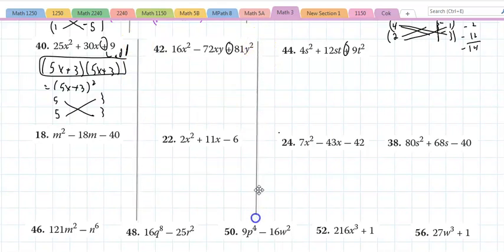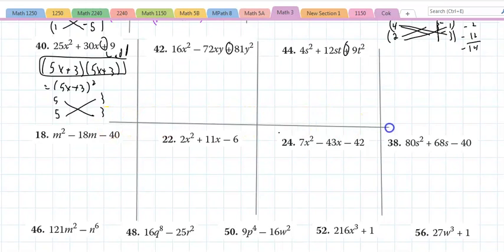So let me run those down really quick. How about here? The same deal. I look for greatest common factor. I noticed that 16, 72, and 81 is a bunch of 3's. That doesn't work. So closest factors of 16 is 4 and 4.